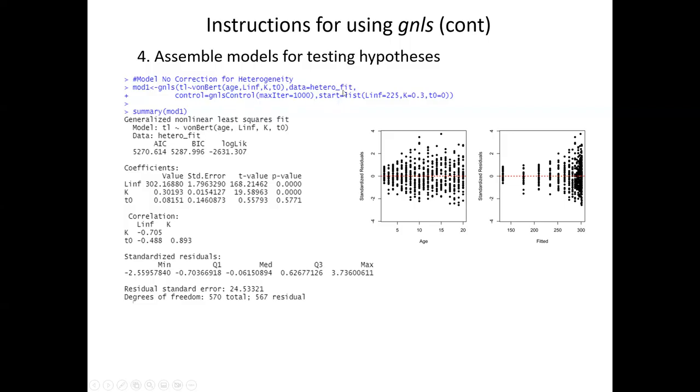Give it the data set. There's the control. So if you need to control how many iterations are done, the maximum you can change, and the relative tolerance, all these things. And then you need to provide, again, starting values. So here I'm providing it data that has heterogeneity, but I'm just fitting the standard model. And you can see the graphs on the left here that you do have heterogeneity.